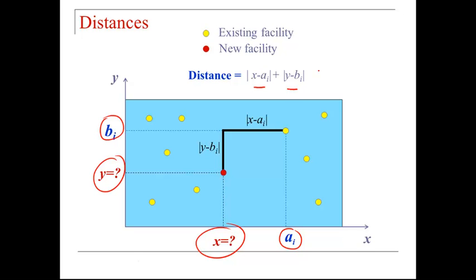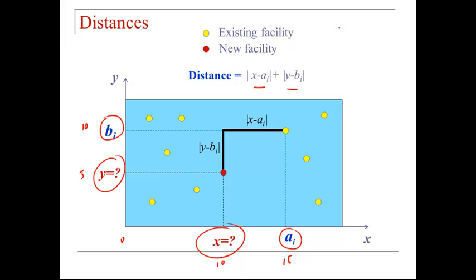And we can find all the distances from this new location to all the other existing facilities by using that same approach, that same equation. So let's say a is 15, this is 10, 0, this is 5, and this is 10.